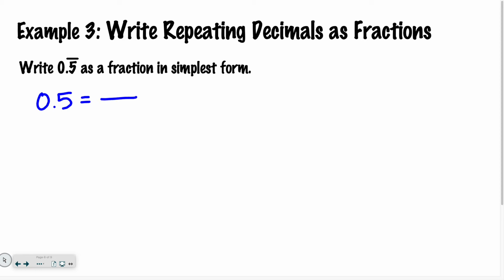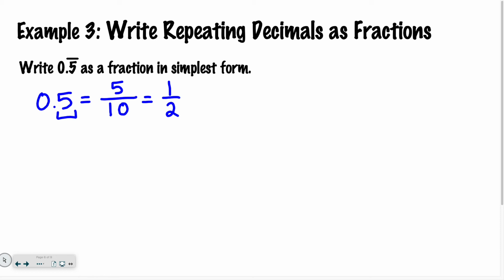So the way that works is you write 5 up top, you put a 1 on bottom, and then however many spaces you have after the decimal, that's how many zeros you do. So this would be 5/10. Or if you simplify it, it becomes 1/2.